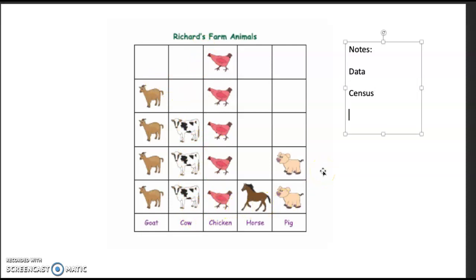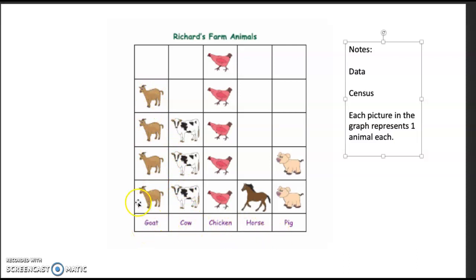So each picture in a pictograph represents one animal each. That is really important that you understand that because it's not like another graph we're going to look at later, but each picture represents one animal.